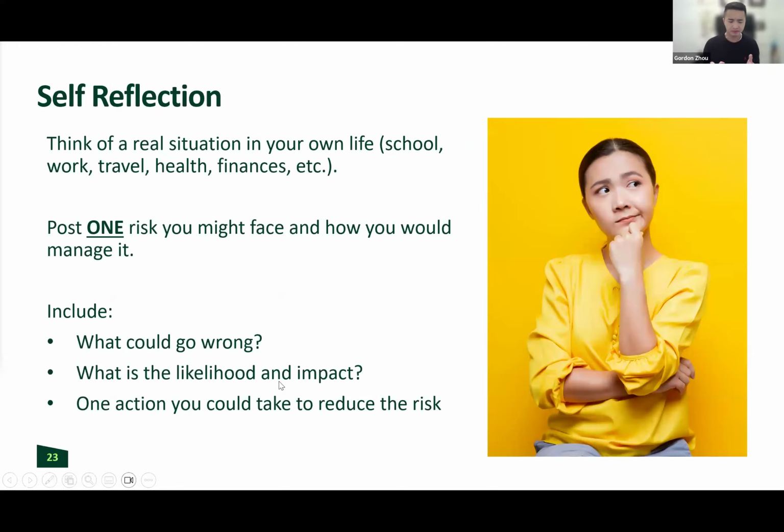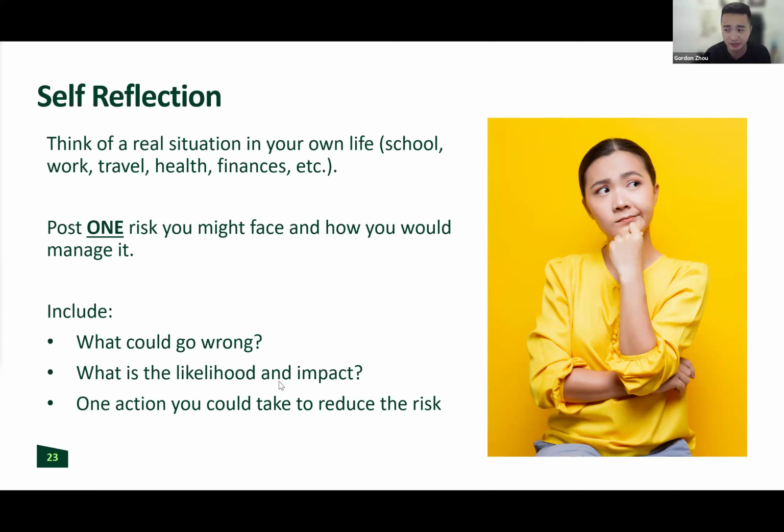And so I'd like you to self-reflect, if you've watched this in full, I really appreciate you doing that. Hopefully it got you thinking, especially if this is not in your everyday practice. I'd really love to hear from you. Think of a real situation in your life, could be school, work, travel, whatever it is. Think about one risk that you face in that situation and how you would manage it.